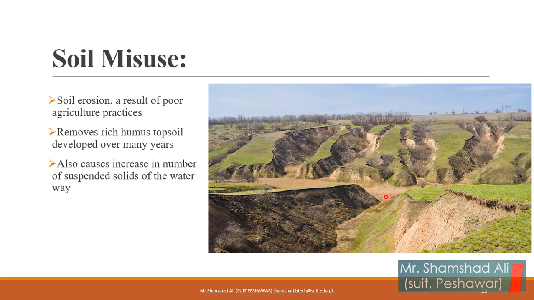It also causes an increase in the number of suspended solids in the water. So this causes the silting process in the rivers, in your canals, and in your whole irrigation system.